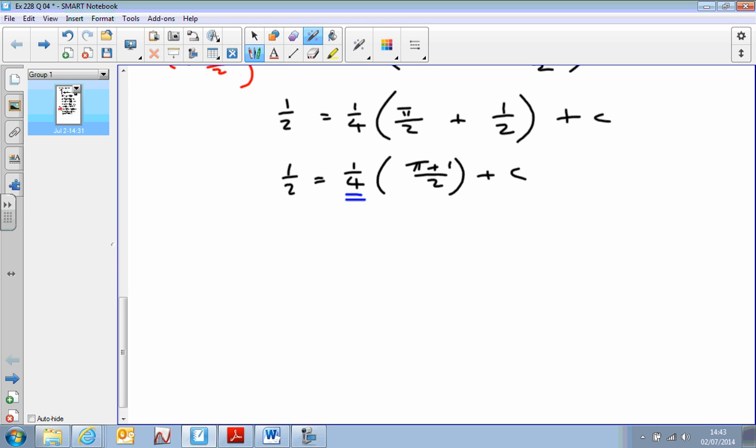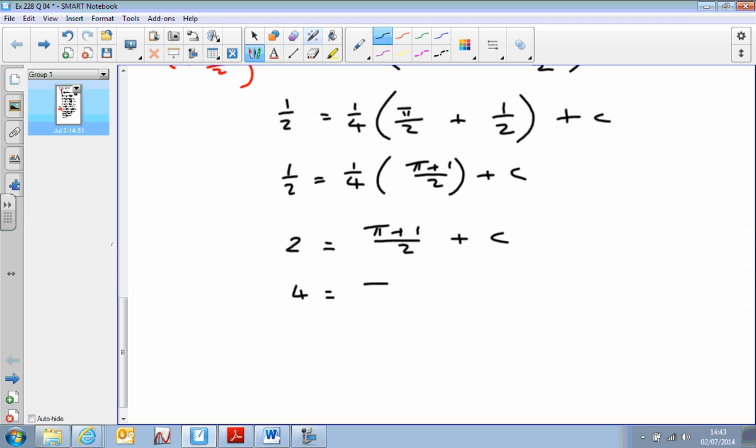So I'd multiply that by 4 and this by 4. So I'd end up with 4 over 2 is just 2. And that's the quarters now gone. And we're just left with pi plus 1 over 2 plus c. Now multiplying both sides by 2, I get 4 equals pi plus 1 plus c.